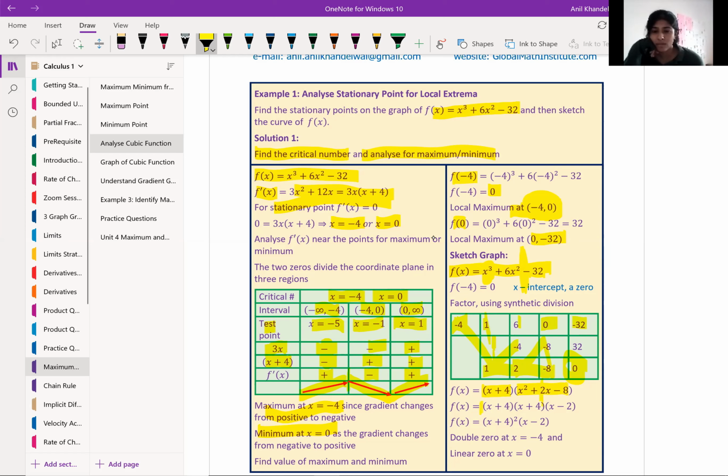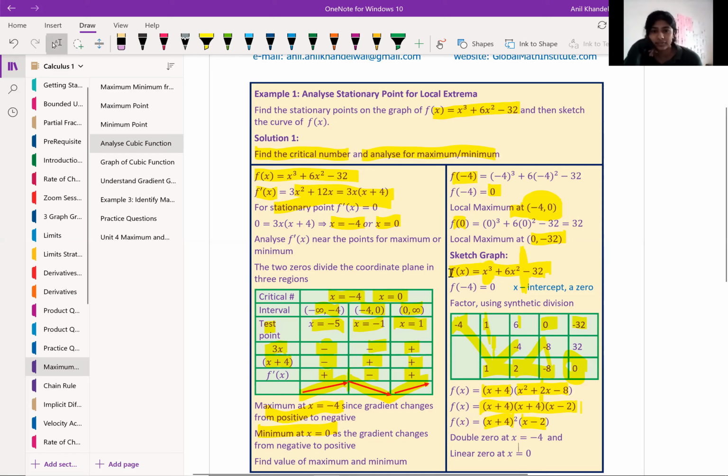And therefore, I could write this as (x + 4)(x + 4)(x - 2). That means (x + 4) whole squared. We have a double root at -4 and a single linear zero at x equals 2. So we have completely factored our polynomial.